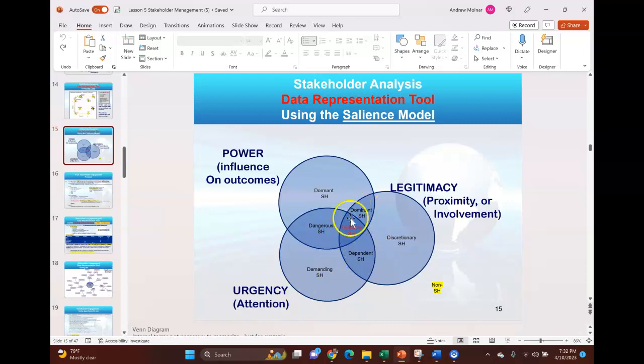Where those connect, like a Venn diagram where all intercept, that is serious influence on your project, and you want to really work those people. When two overlap, you'll want to manage them a little bit. And out here, you could consider on your own. If they fall outside of all the circles, they're really not a stakeholder.